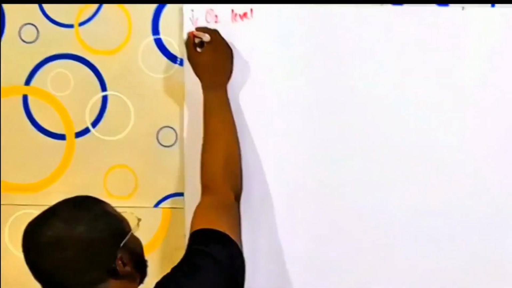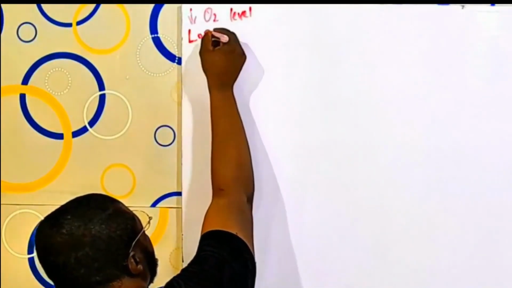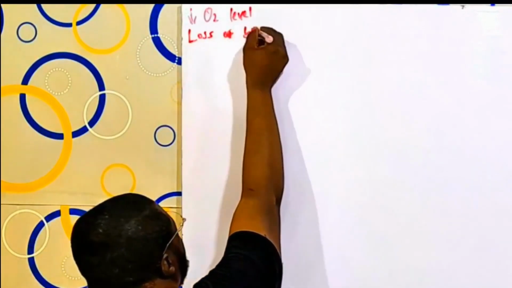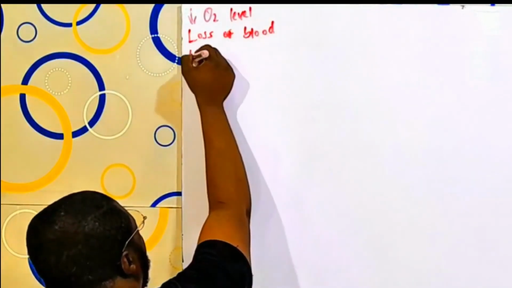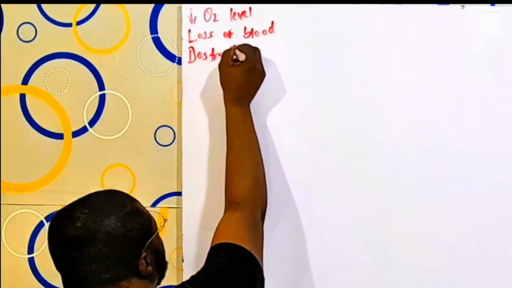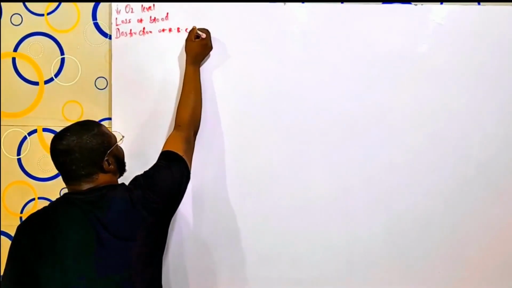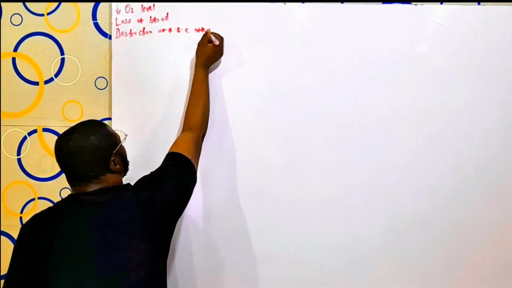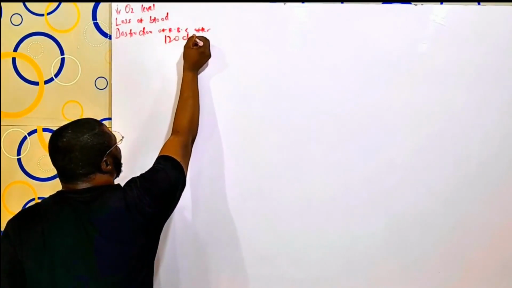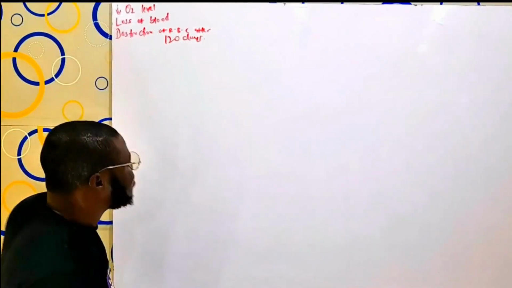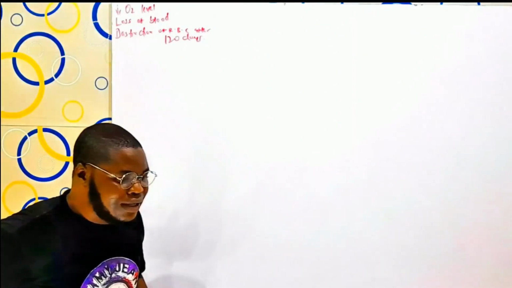And not only that, we said loss of blood can trigger erythropoiesis, or destruction of red blood cells after 120 days.